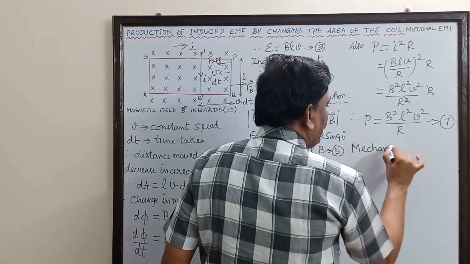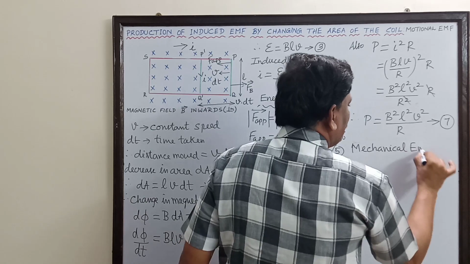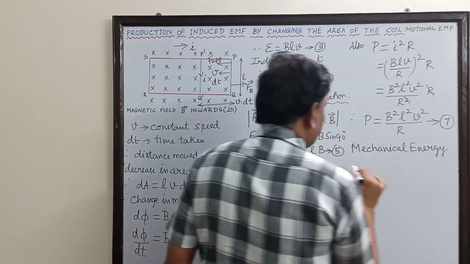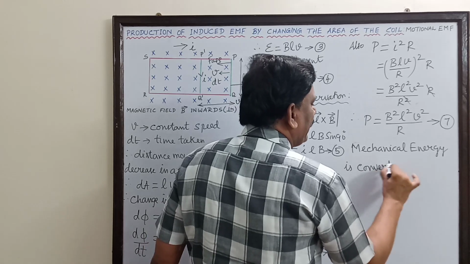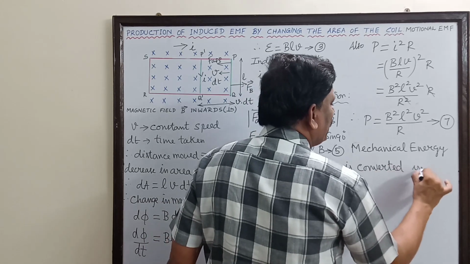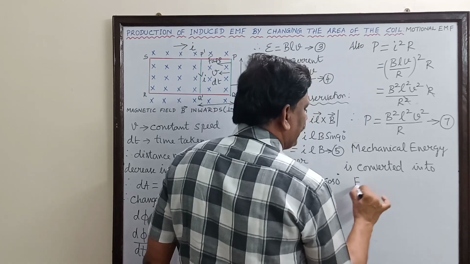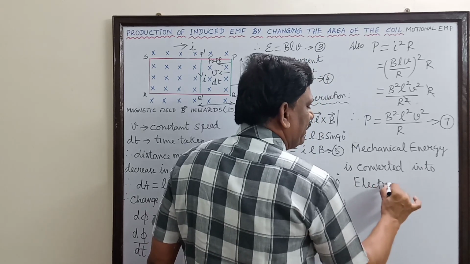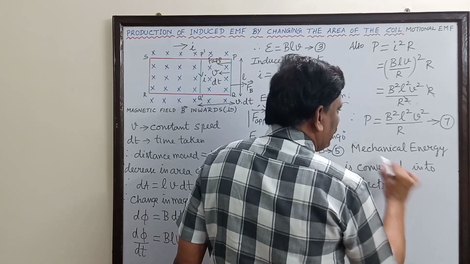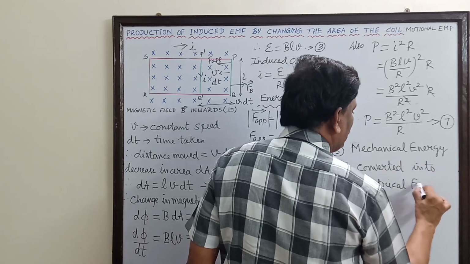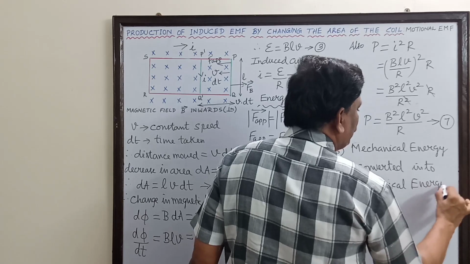So mechanical energy is spent and is getting converted into electrical energy. This energy per unit time only is called the power, is it not? So mechanical energy is converted into electrical energy.